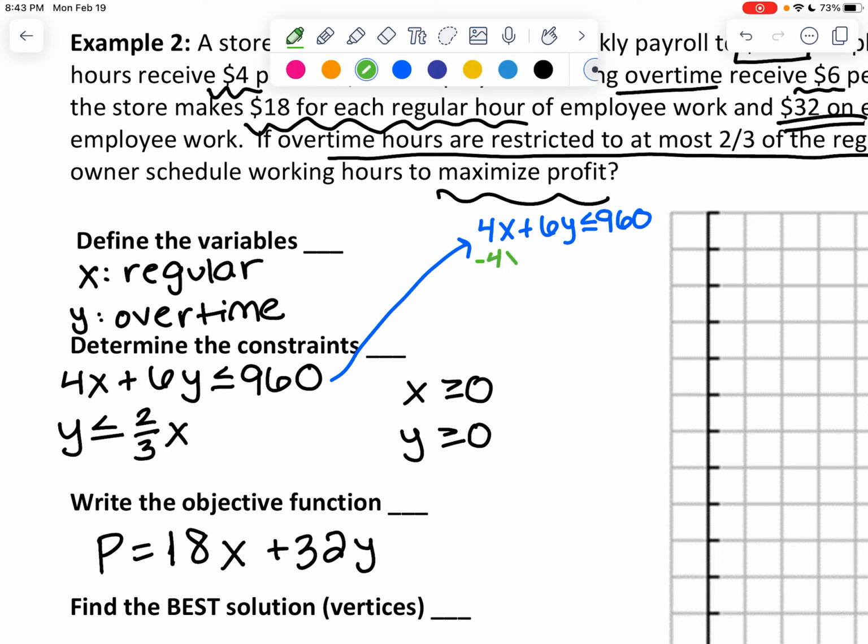I'm working on solving for y. So I get 6y is less than or equal to negative 4x plus 960. And then I'll divide every term by 6. So I get y is less than or equal to negative 2/3 x plus 960 divided by 6 is 160.